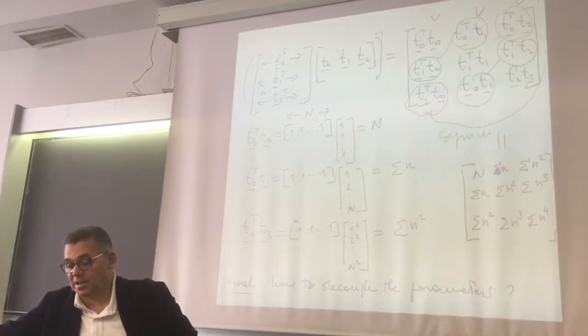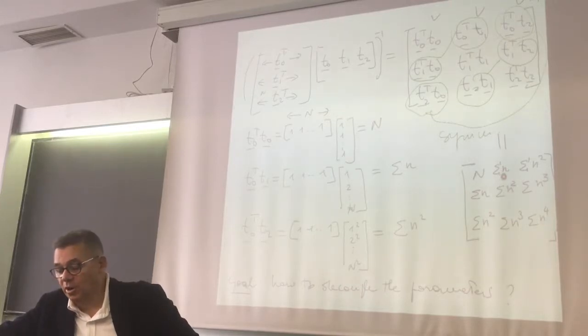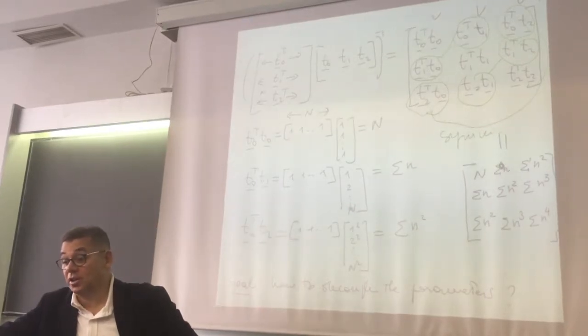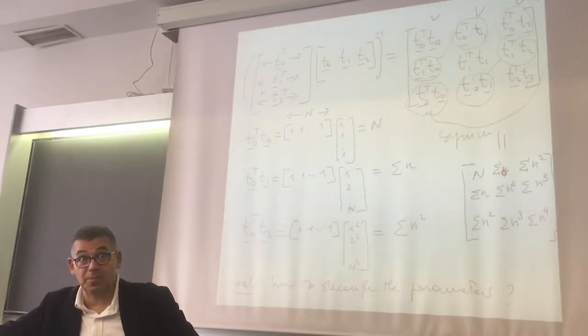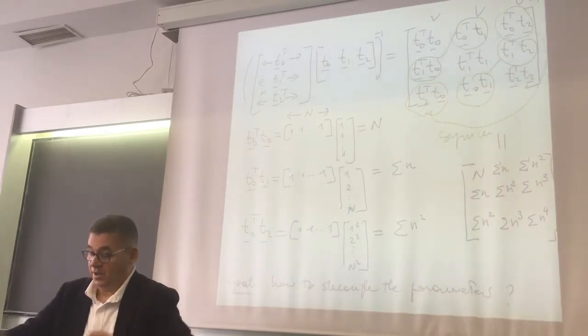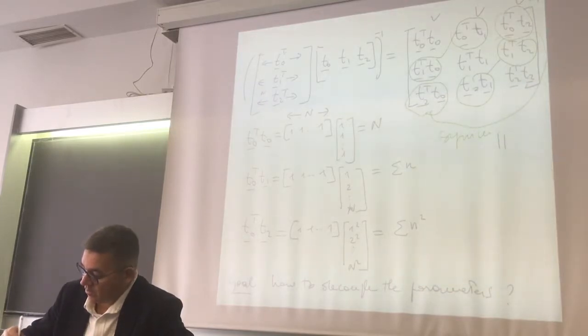Here I'm summing 1 plus 2 plus 3 plus 4, but this function is odd, and since it's odd, if I'm summing over a positive and negative interval, the sum of odd terms is 0. So, recollecting this matrix to answer the question.